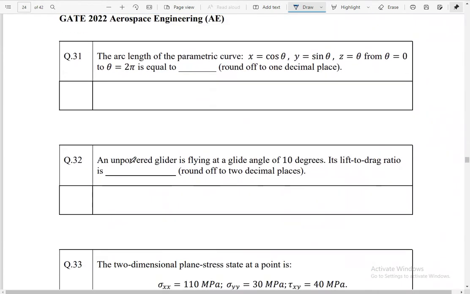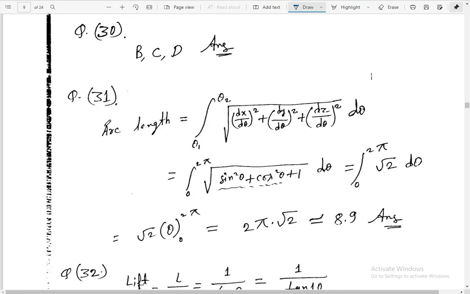For question number 31, x, y, z and theta values are given. The formula for the arc length of the parametric curve is the integration from theta 1 to theta 2 of the square root of (dx by d theta) squared plus (dy by d theta) squared plus (dz by d theta) squared.